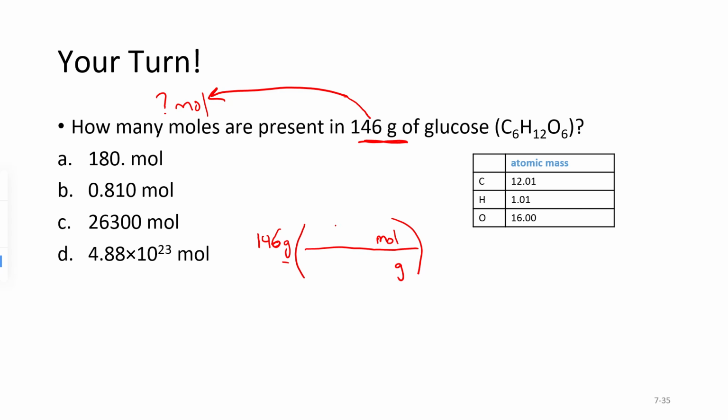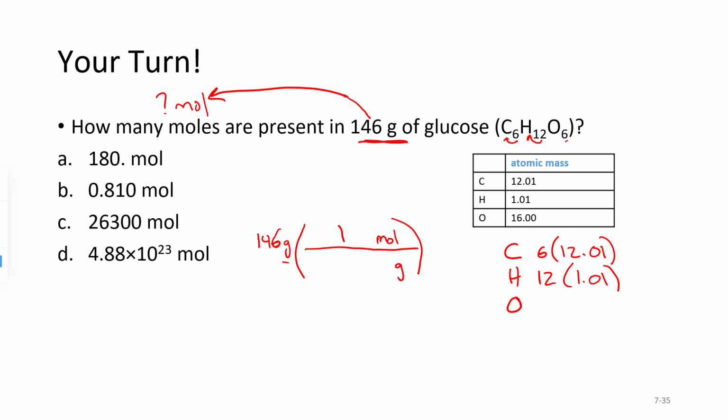1 mole is equal to the calculated mass from the periodic table. So now we actually have to calculate out the mass. So in this formula, there are 6 carbon. So carbon, hydrogen, oxygen. We have 6 of the 12.01, and we're just going to use the masses that they give us here. Then we have 12 hydrogen, so we're going to do 12 times 1.01.